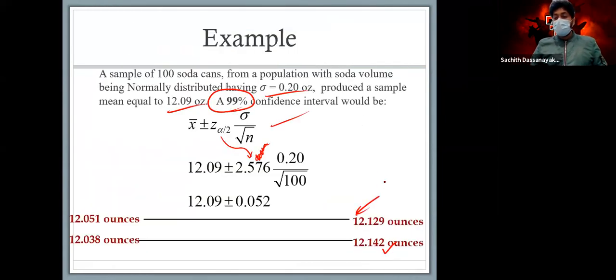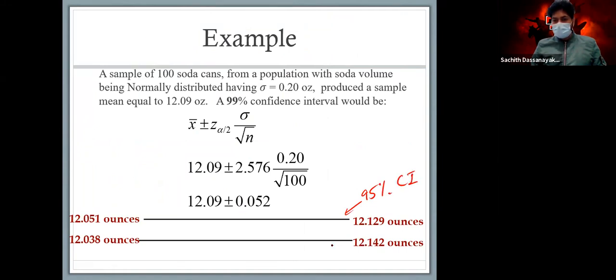This belongs to the 95% confidence interval. This one belongs to the 99% confidence interval. Here I have used this because I need to compare these two values.